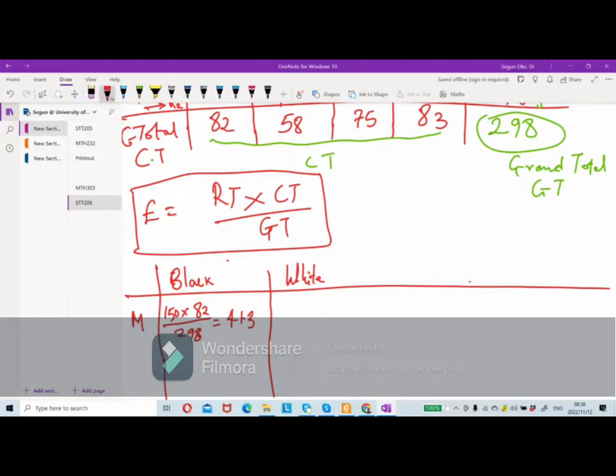It's still the same thing: row total, 150, multiplied by column total, 58, divided by 298.